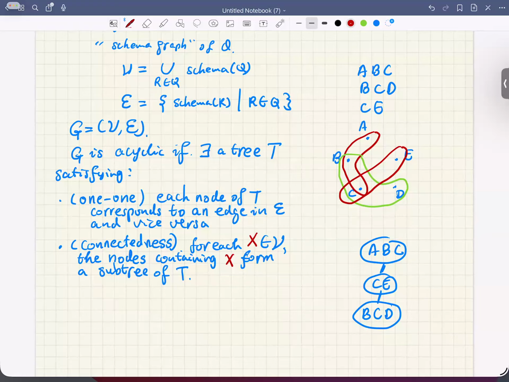And indeed, they are connected, because you can travel among these nodes freely in the tree. But there is one attribute, and I believe only one attribute here, violating this connectedness property, and the attribute is B. For attribute B, you have here and here as these two nodes containing B, but as you can see, they do not induce a subtree of this T. So that means you have a forest here.